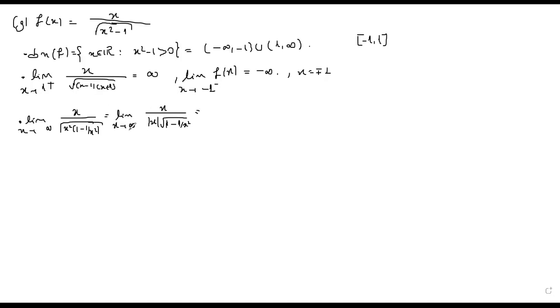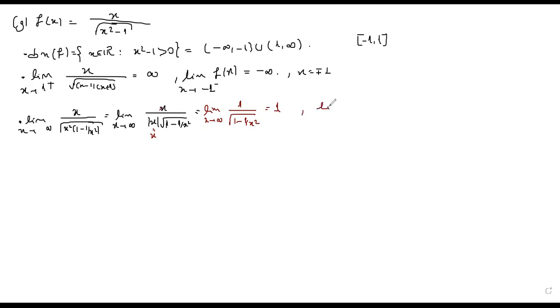Okay, so we're approaching plus infinity, so the values of x are positive, which means this is equal to x itself. And if we simplify them, we will have 1 over the square root of 1 minus 1 over x squared. So as x is approaching infinity, what do we have now? 1 over square root of 1 minus 1 over x squared. This will be approaching 0, so we will have 1, right?